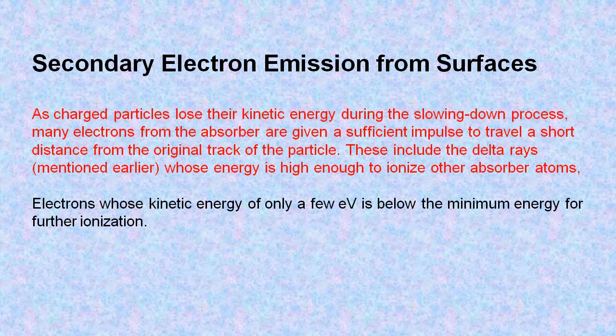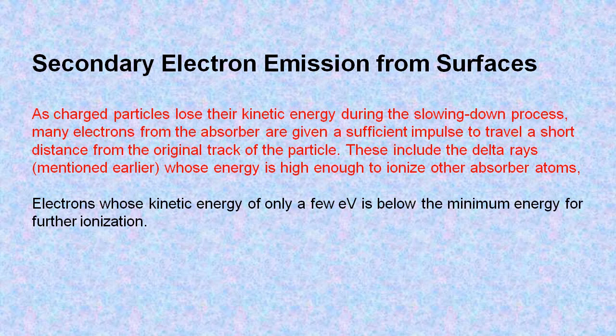And the last term, secondary electron emission from surfaces. As charged particles lose their kinetic energy during the slowing down process, many electrons from the absorber are given a sufficient impulse to travel a short distance from the original track of the particle. These include the delta rays that we have mentioned earlier, whose energy is high enough to ionize other absorber atoms.